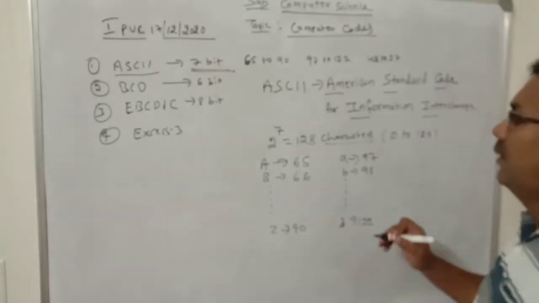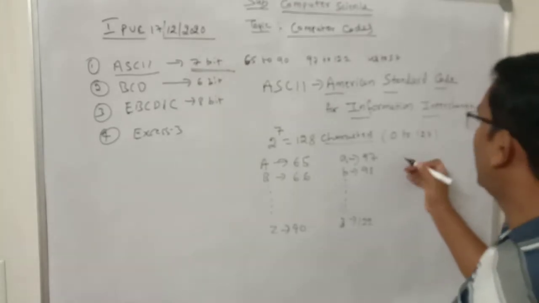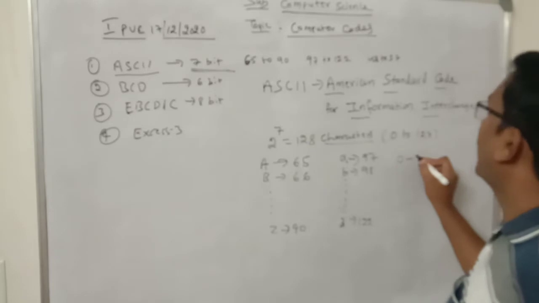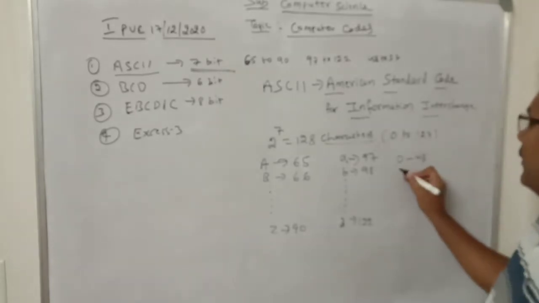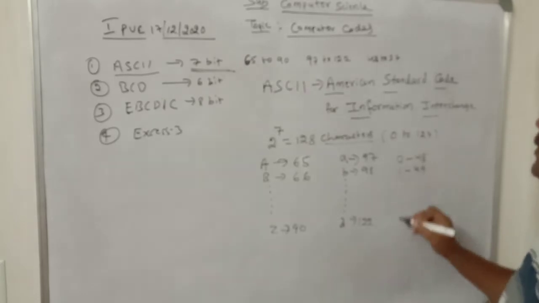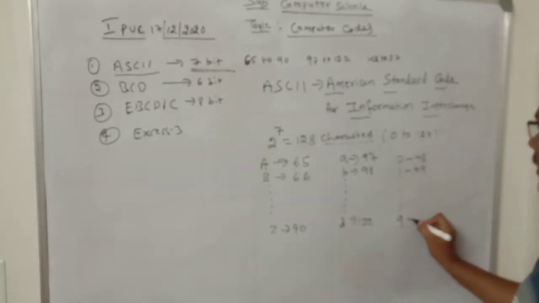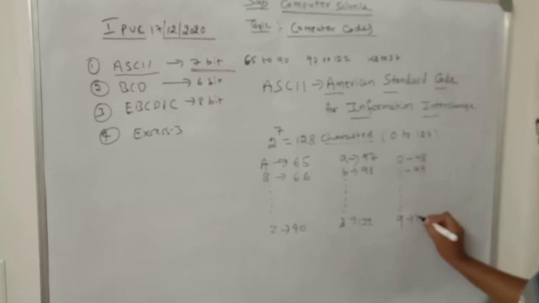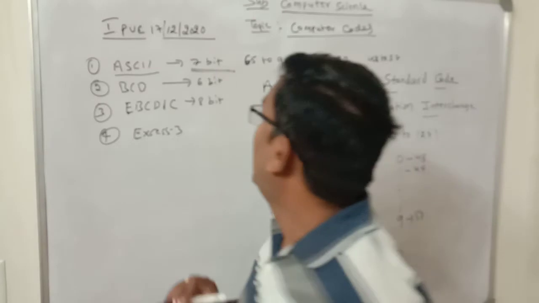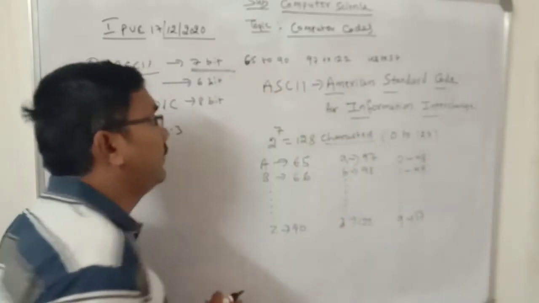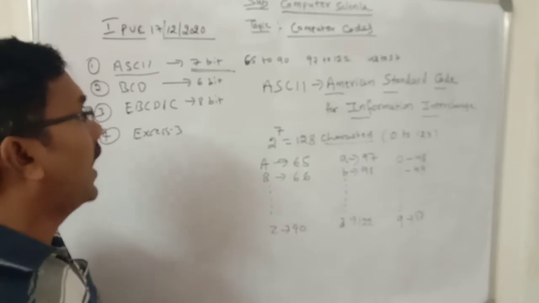For the numerals we use, 0 is 48, 1 is 49, similarly up to 9, the last one, which is 57. So it can contain a 127 range of values, characters.